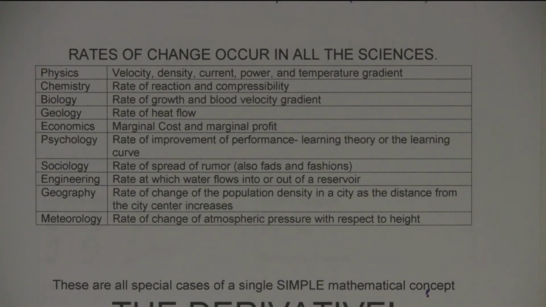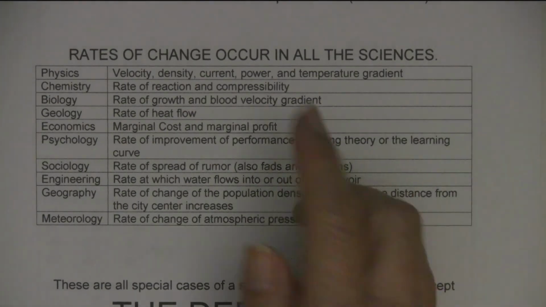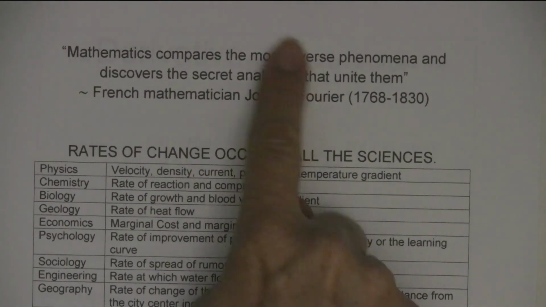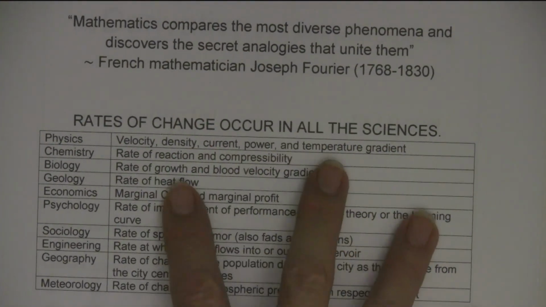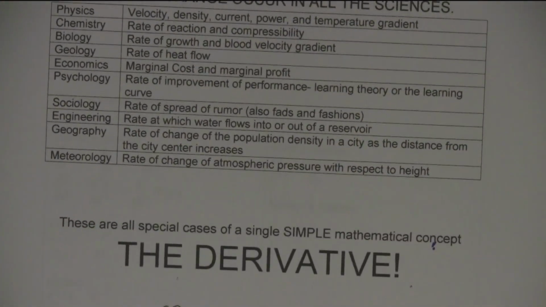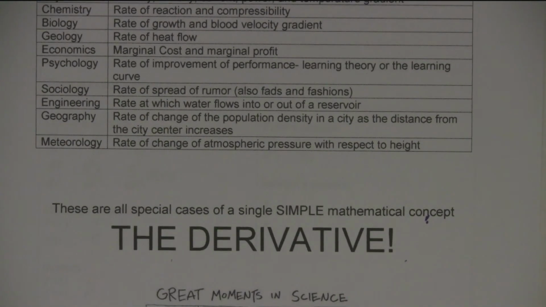In sociology, the rate of spread of a rumor, or the rate that fads or fashions change, are all rates of change. And this is just what he was saying: there's a secret that puts all of these things together, and that is the rate of change is the derivative. And that's what we're going to be looking at in chapter 2.